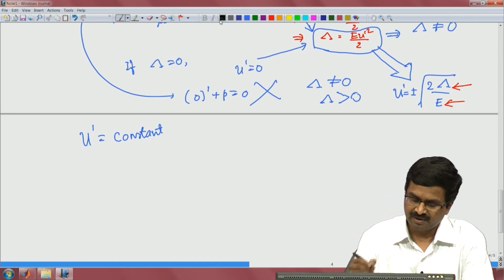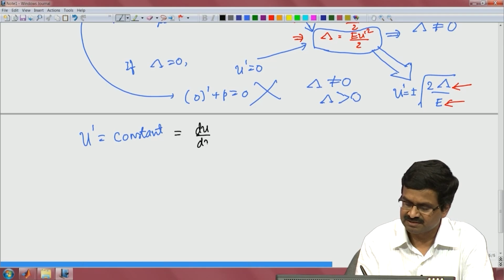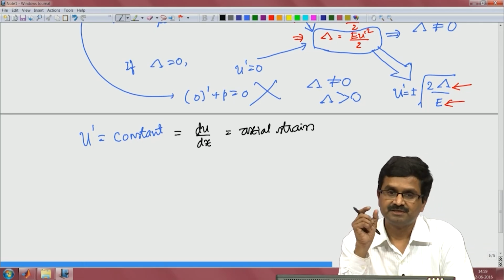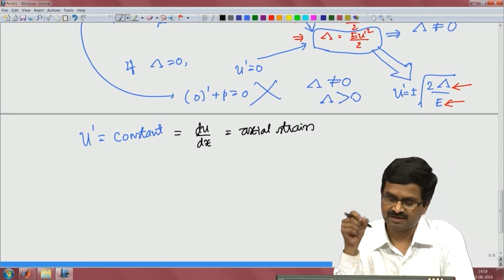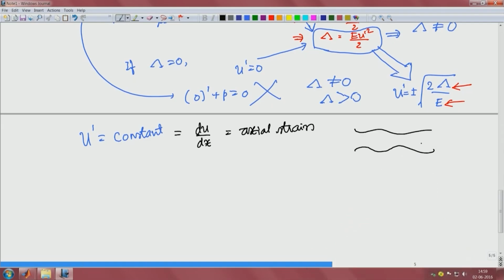What does it mean? U prime for a bar, which is du by dx, is nothing but axial strain. If you recall the definition of the strain, change in length by original length. So, if I have a bar of some cross section, if I take a section there, let us say this distance originally is dx.